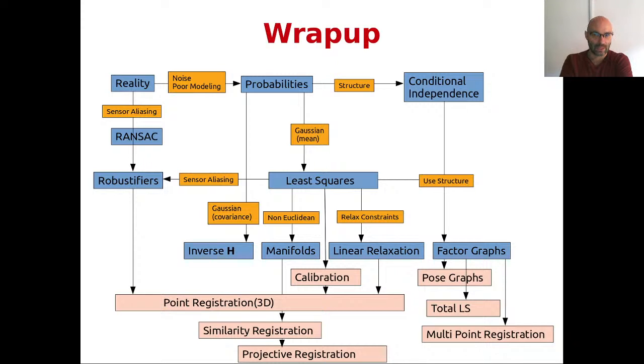Where is the structure? All the problems that we have seen so far are quite dense. We approached point registration, we approached calibration, where the state space was rather small, typically the robot position, but one robot position, not many robot positions.